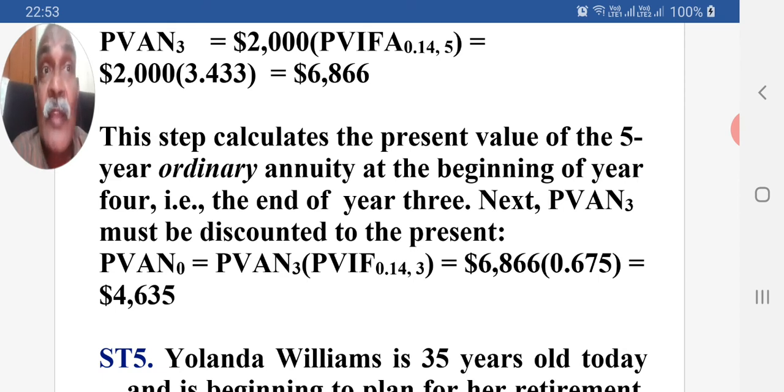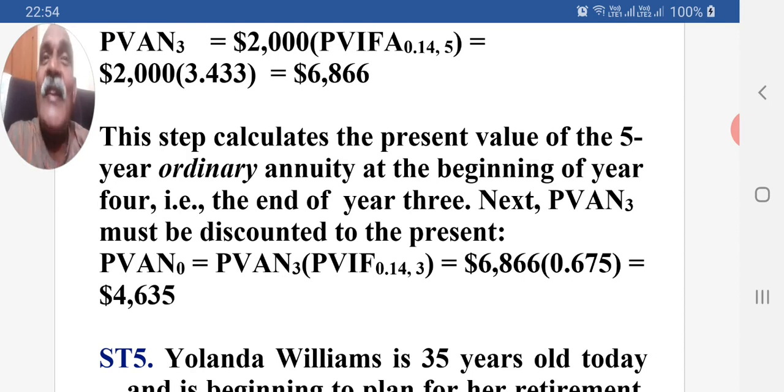So here is the present value interest factor at 14% and 3 years. After the end of the third year, you are receiving 6,866, so you have to calculate its present value.